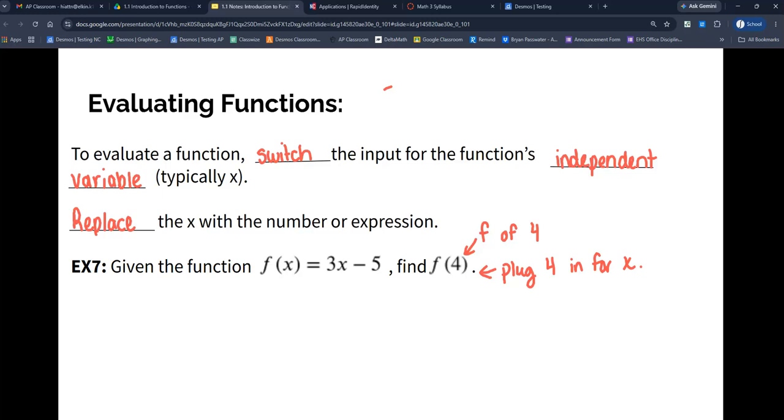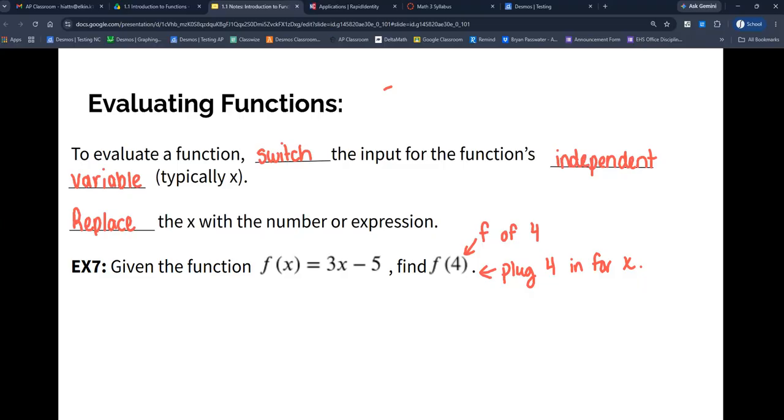A lot of times kids read that as f times 4 because we do use parentheses for multiplication sometimes as well. But if it's in the context of function notation, that's not what it means here. It means plug 4 into the equation.